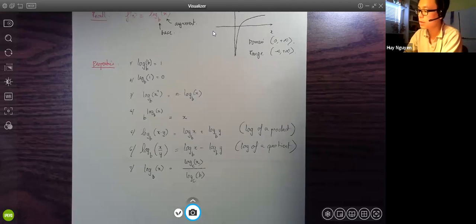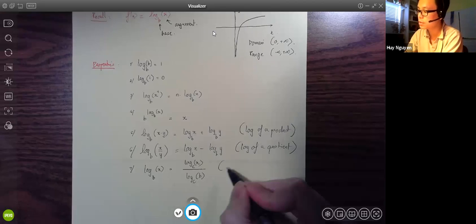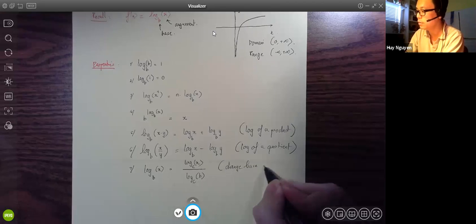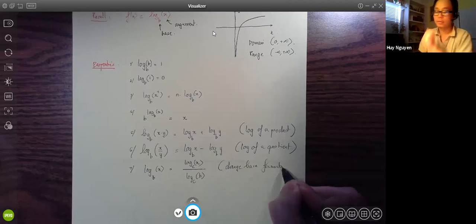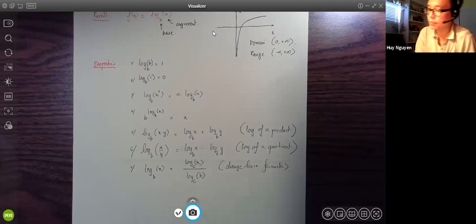So this formula we call the change of base formula. I hope that you don't have to use it.